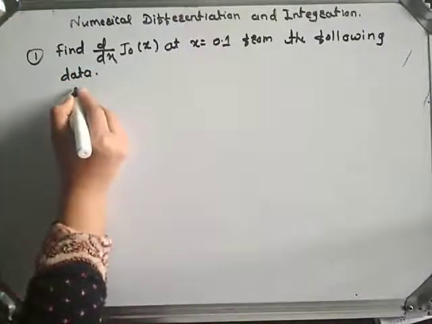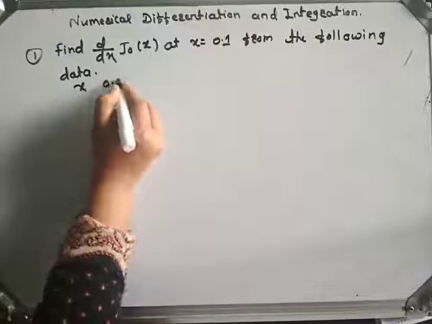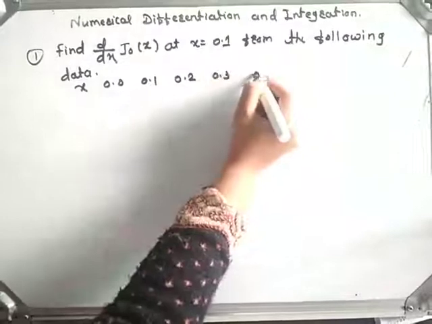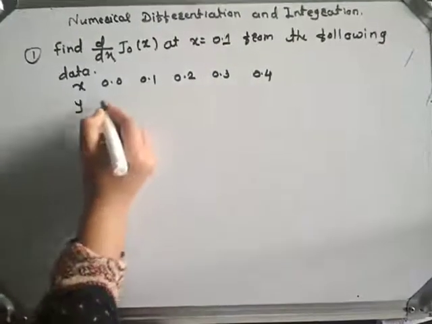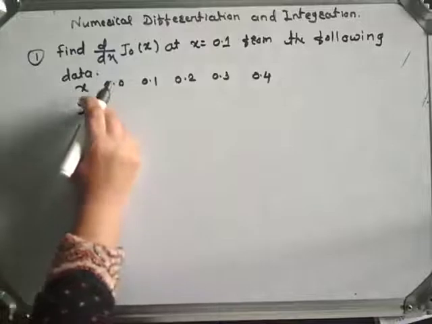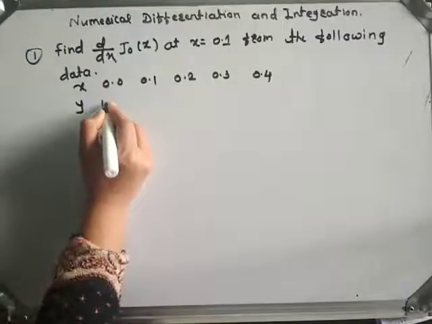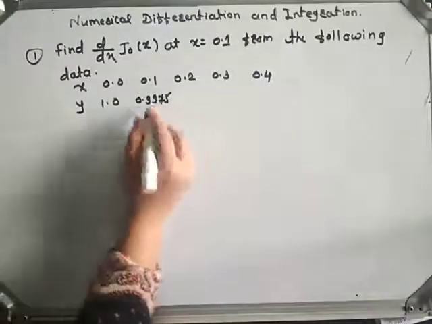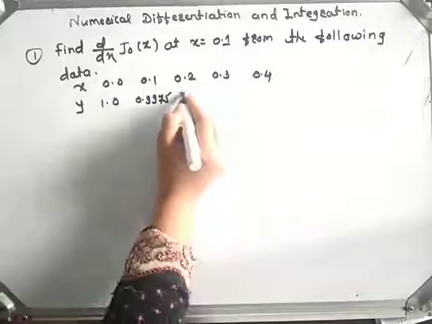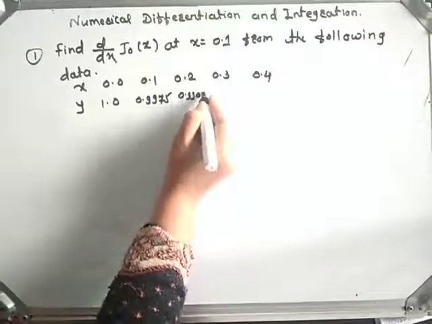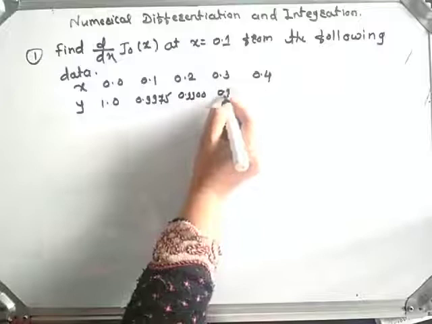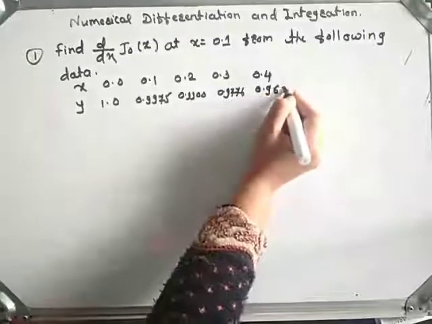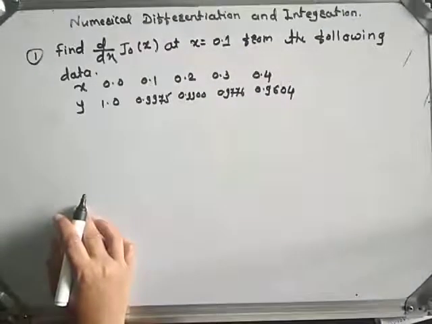Okay, here the data is x is 0.0, 0.1, 0.2, 0.3, 0.4, and the corresponding y values are 1.0, 0.9975, 0.9900, 0.9776, and the last is 0.9604. Okay.